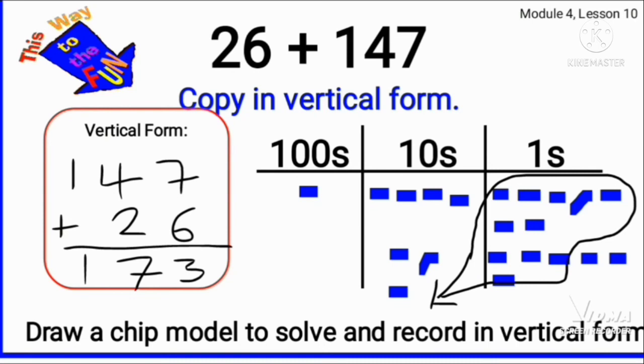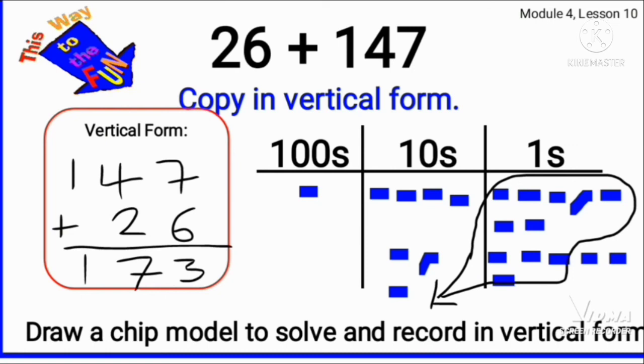1 in the hundreds place, 4 in the tens place, and 7 chips in the ones place. For 26, 2 in the tens place, and then 6 chips in the ones place. Let us add and see if we can bundle. When I checked, I saw 1, 2, 3, 4, 5, 6, 12 chips in the ones place. That means I can bundle.